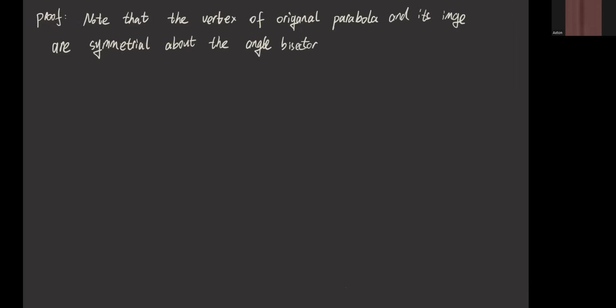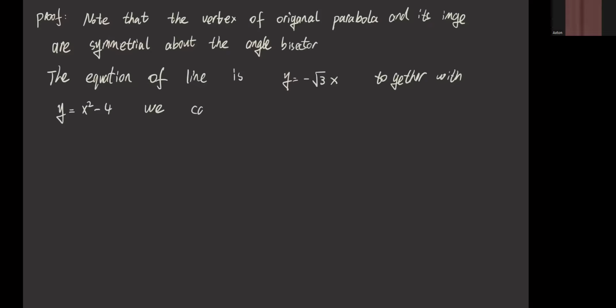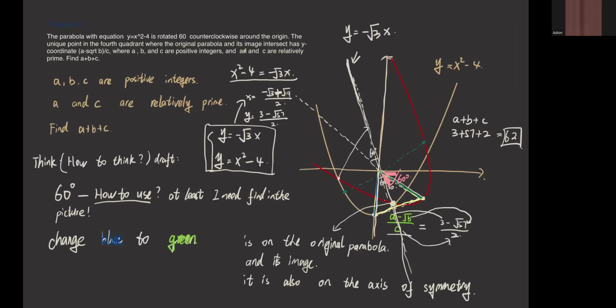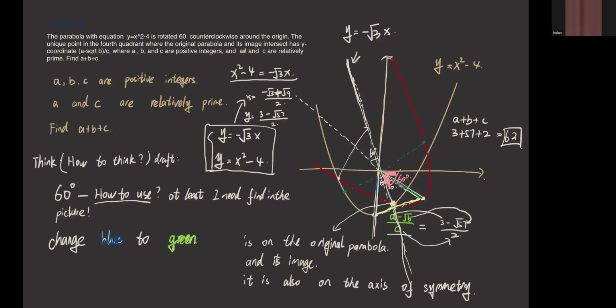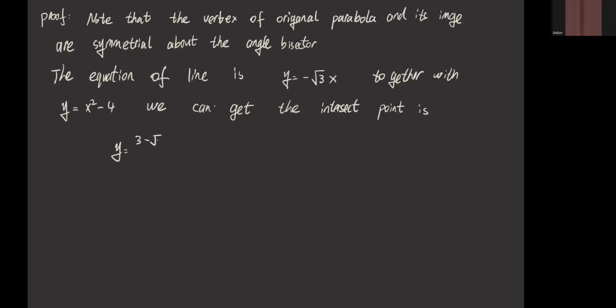So the equation of the line, together with the parabola, we can get the solution: the intersection point is y is equal to 3 minus square root of 57 over 2.